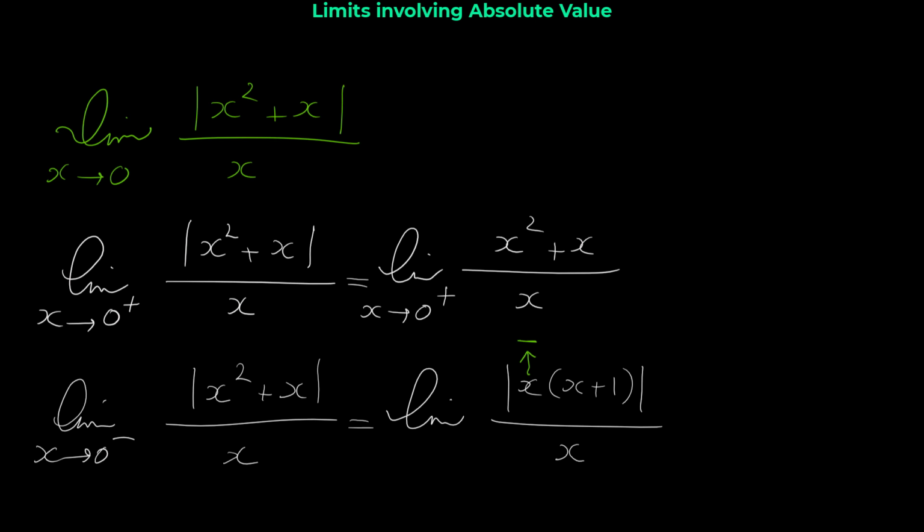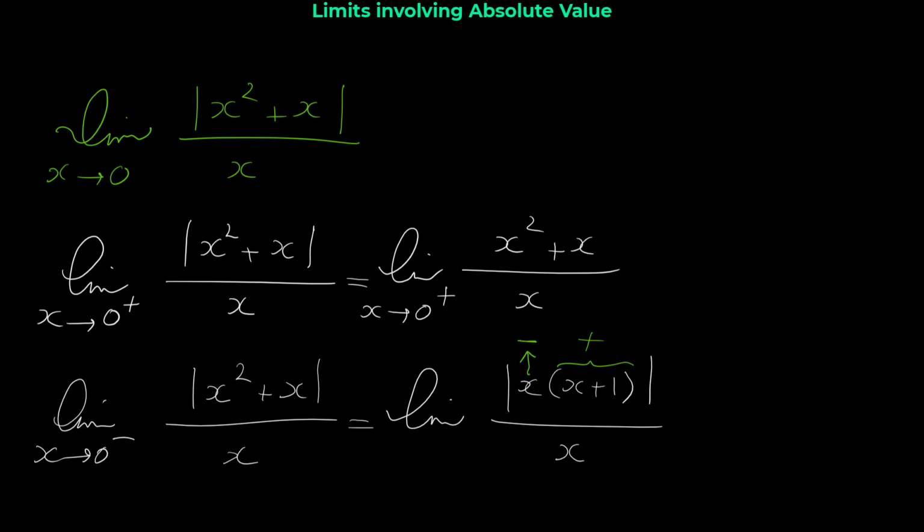But x plus 1 is positive. Why? x is very close to 0 and negative, but when we add 1 to x, x plus 1 is positive. So if we multiply them, x to the 2 plus x is a negative expression. So we proved that when x approaches 0 from the left, x times x plus 1 is negative.